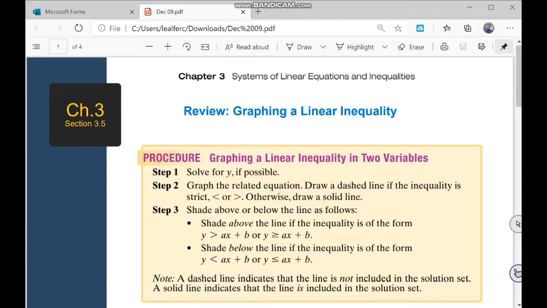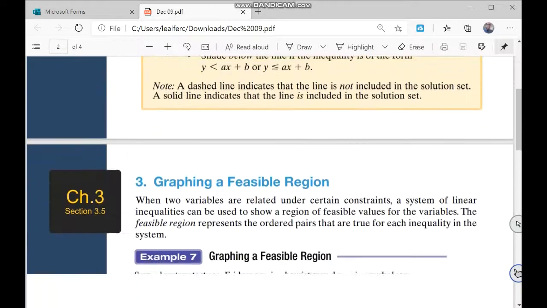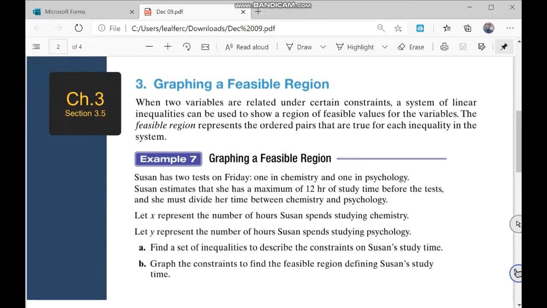If y is greater than something, you shade above the line. If y is less than something, you shade below the line. So this is the procedure that we have been using for the last 3 or 4 days to graph linear inequalities, right? This is to remember the procedure, and that's the topic of today's class.